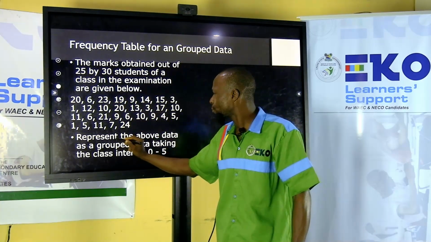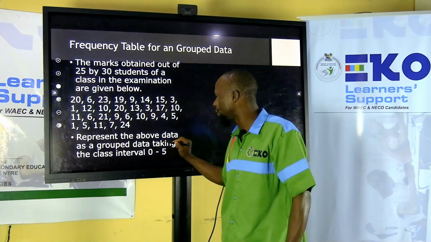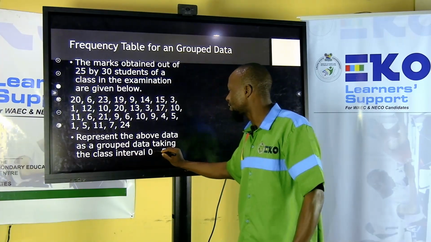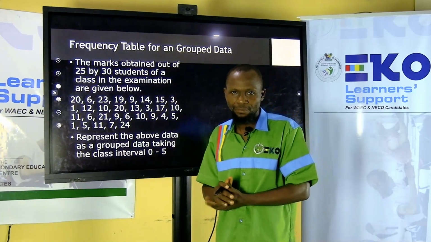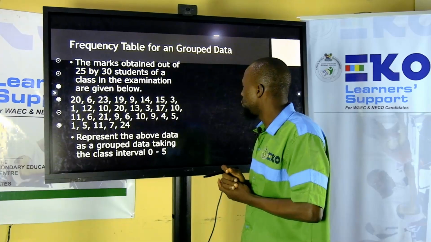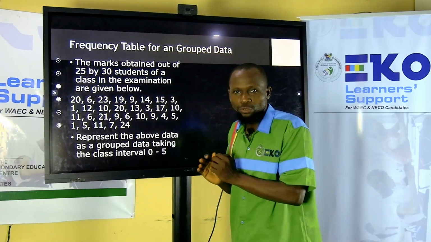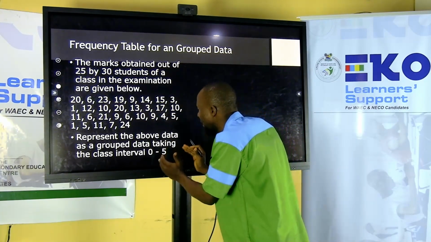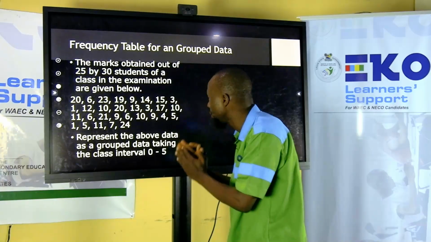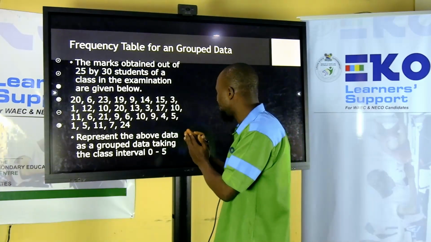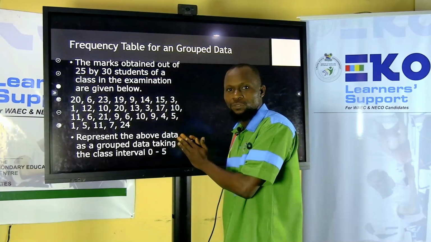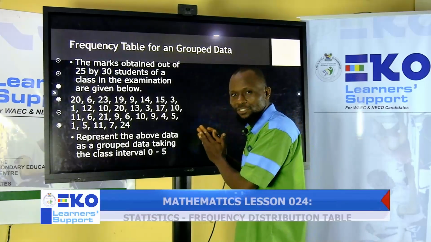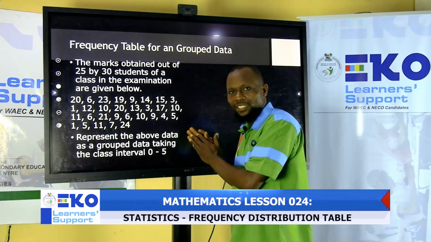The question is: represent the above data as grouped data, taking the class interval of 0 to 5. So 0 to 5, it means this is a grouped one. We have grouped the data. Numbers between 0 and 5 will be at a particular place. From there we move to 6 to 10 and so on.